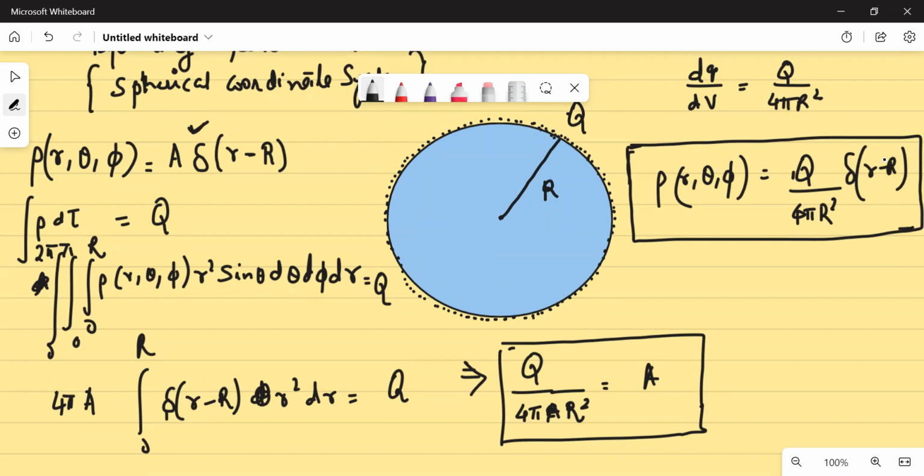If you take r equal to, let's say, R plus H, then there is no charge density, isn't it? If you take R minus H, there would be no charge density. So the entire charge is on the sphere itself, and the density is given by Q upon 4 pi R square. If you integrate it all together, you will get the answer as Q only. So this is quite right. Is that clear?